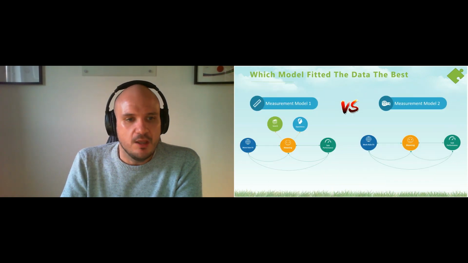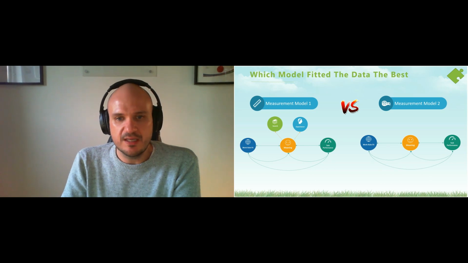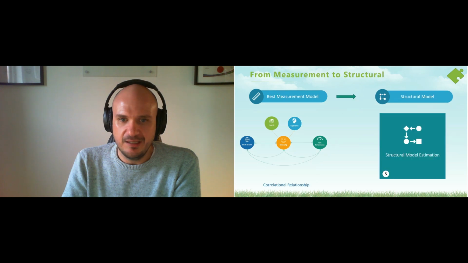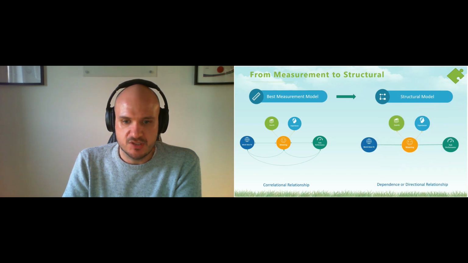I think so. So now that we know what the best fitting measurement model is, we can transfer that into our structural model. So we have our correlational model now, and we transform it into our structural model. So we changed directionality. What did you notice?